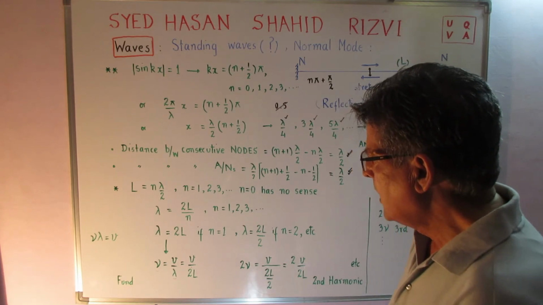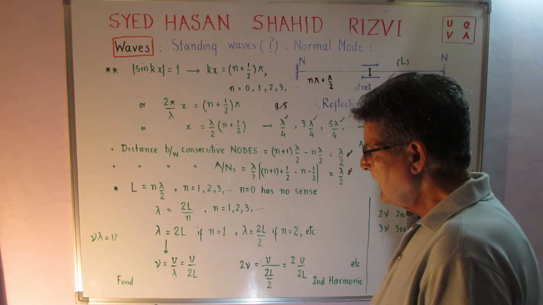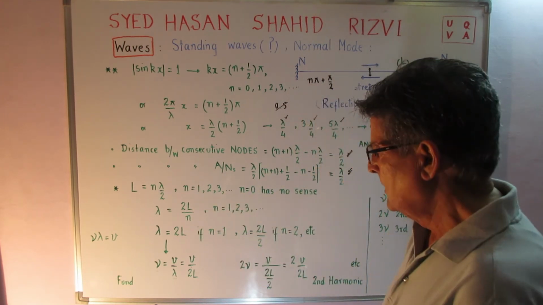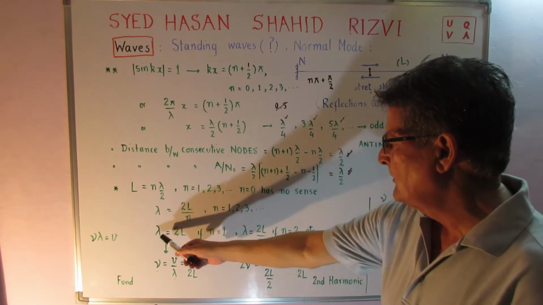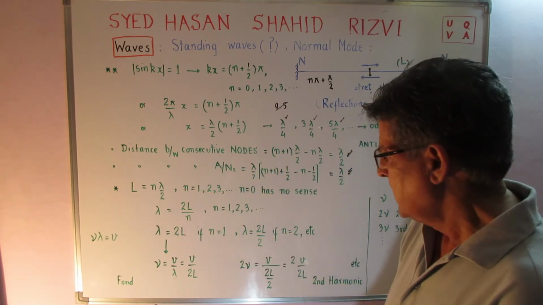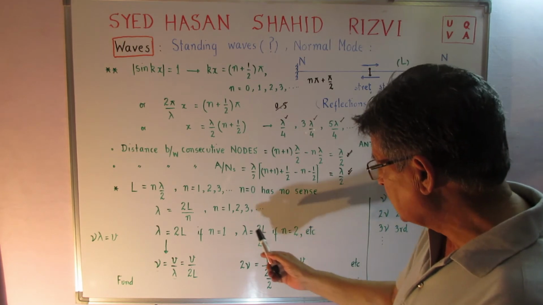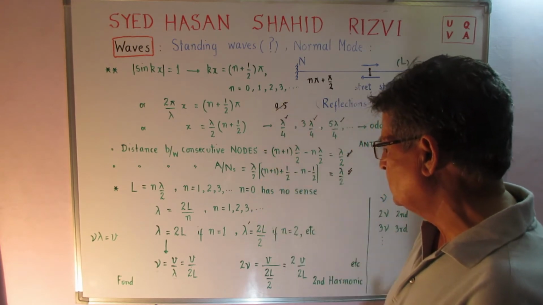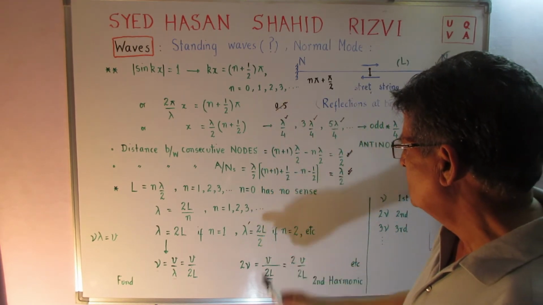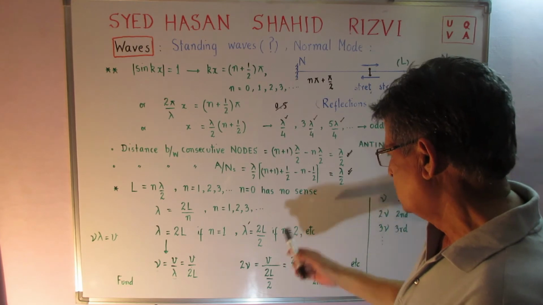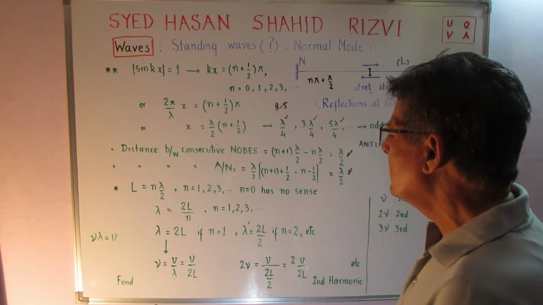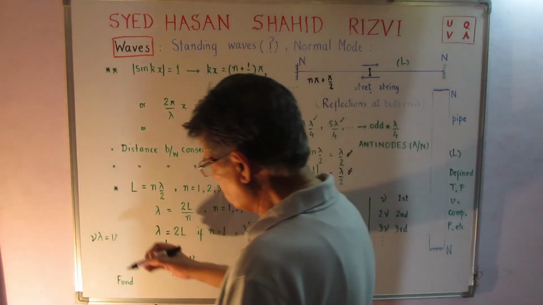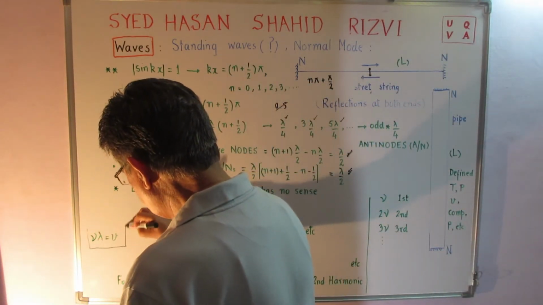Now if n is equal to 1, then lambda will become 2L. If n is equal to 2, then the corresponding lambda, which I can write as lambda dash just to distinguish it, will become 2L by 2, then 2L by 3, etc. Now, I have the master equation, like a master bedroom in a house.